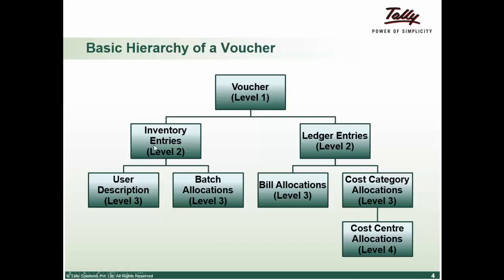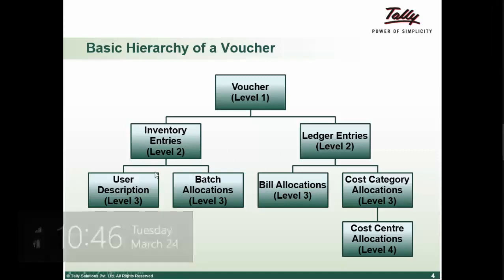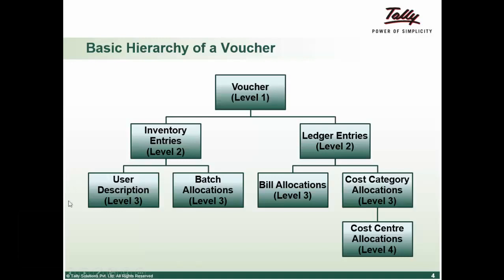When you mention your stock items, that is the inventory entries, and where you provide your additional ledgers, it is ledger entries. So both are at level 2. User description is at level 3 and batch allocations is at level 3. Now batch allocation cannot exist without inventory entries, and inventory entries cannot exist without voucher object.